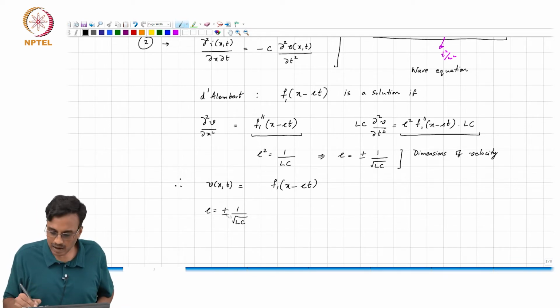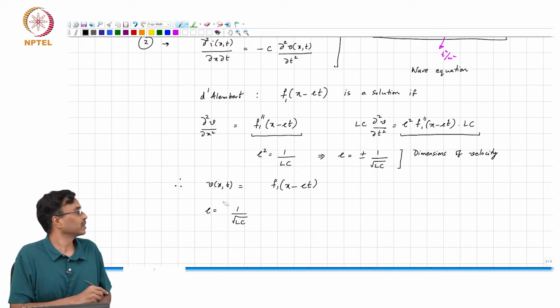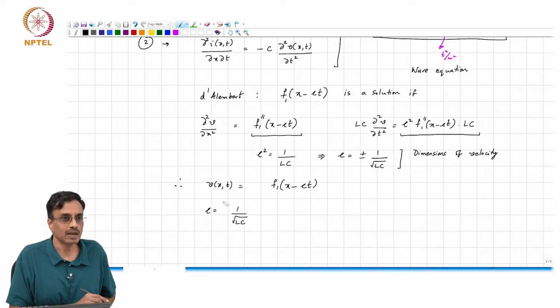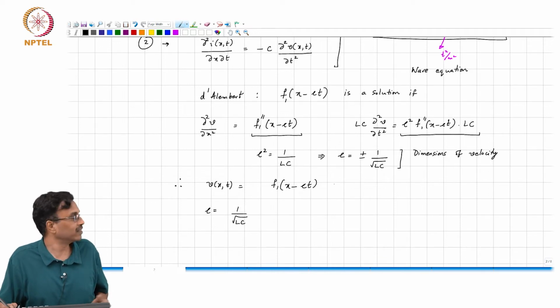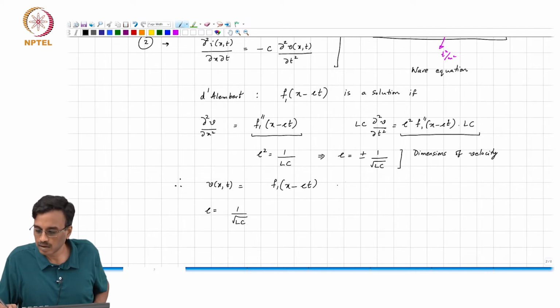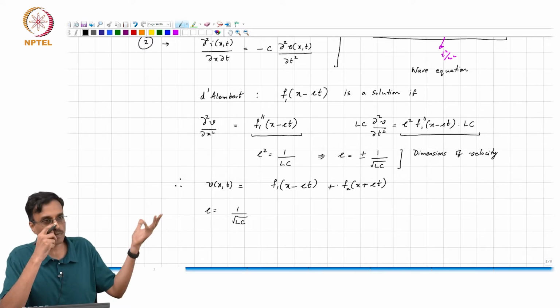If we deliberately say c is 1 by square root LC, then you can think of the solution as f1 of x minus ct plus some other function f2 of x plus ct. Why are we justified in adding another function?